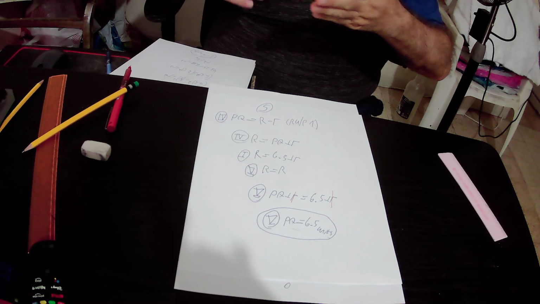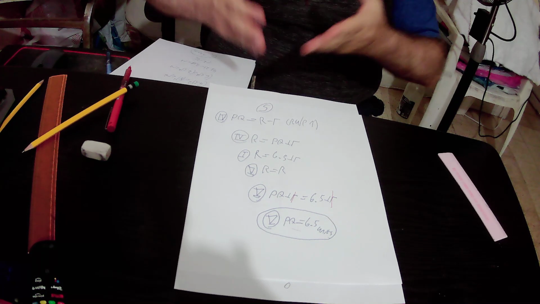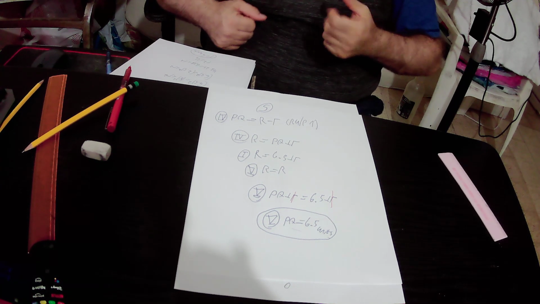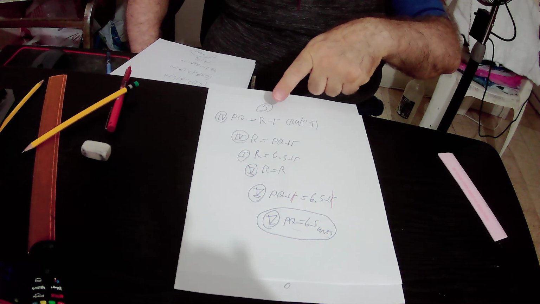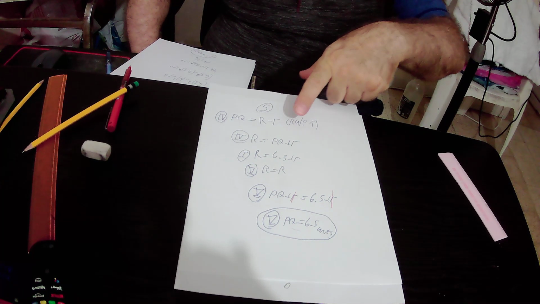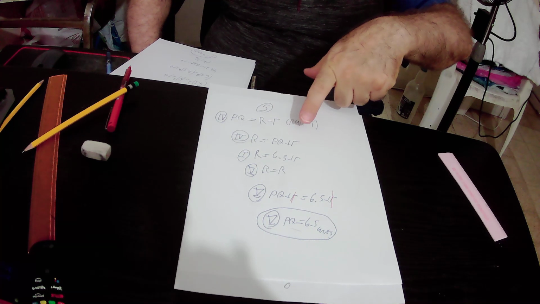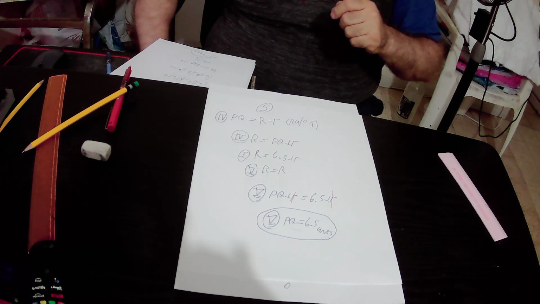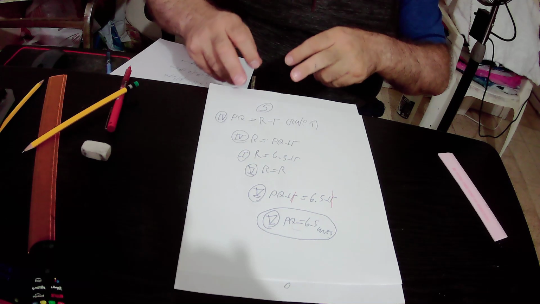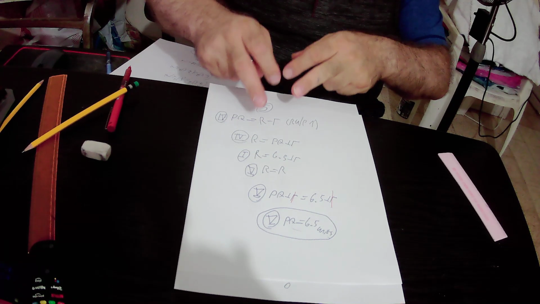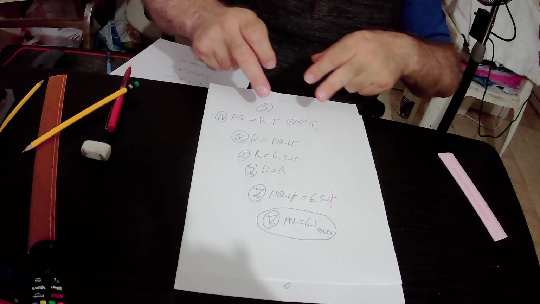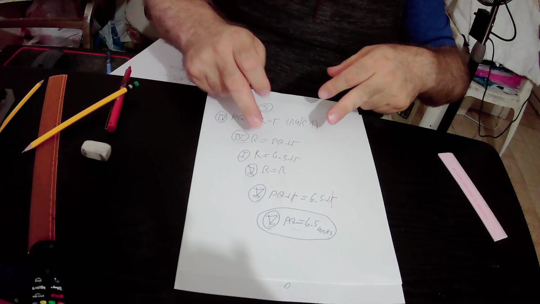So we have equation number 4 that states that PQ equals capital R minus small r, and from the other side we have equation number 1 that states that capital R equals 6.5 plus small r. So we can compare capital R from equation number 4 to capital R from equation number 1.